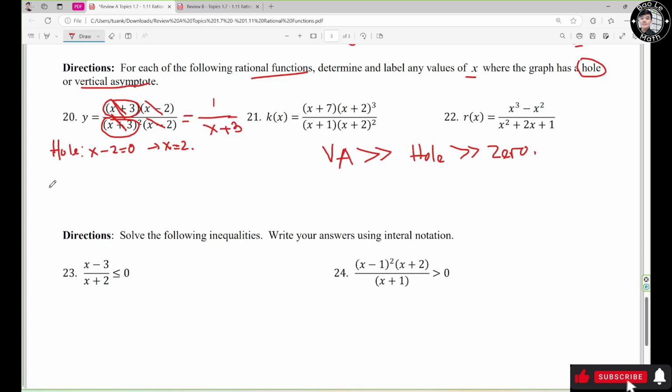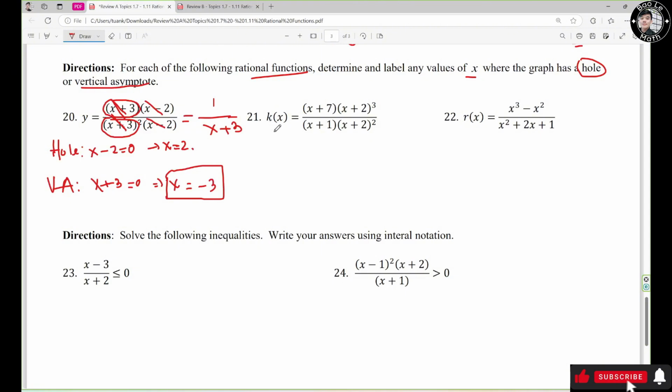Alright, so the vertical asymptote is S plus 3 equals 0. And then S equals negative 3. S equals negative 3 is the vertical asymptote. It's not a hole, right? Keep in mind, vertical asymptote dominates the hole. Alright, if this guy and this guy occur at the same time, the vertical asymptote dominates, right?